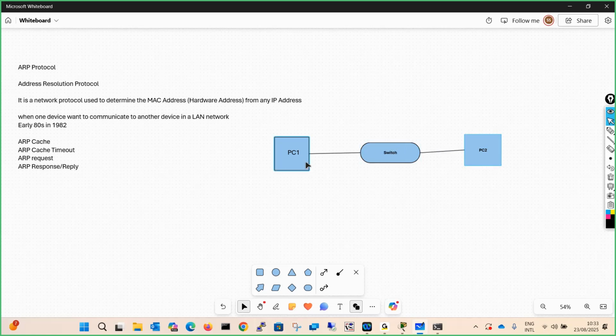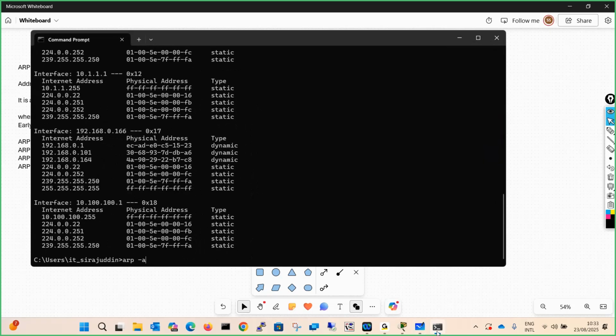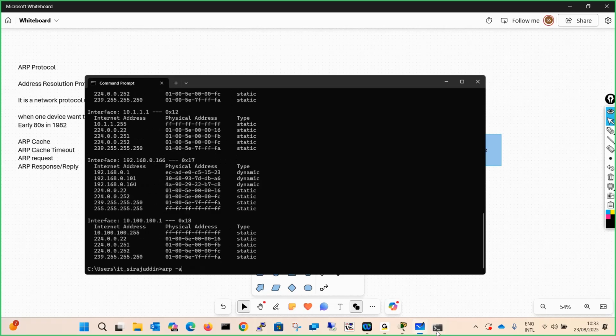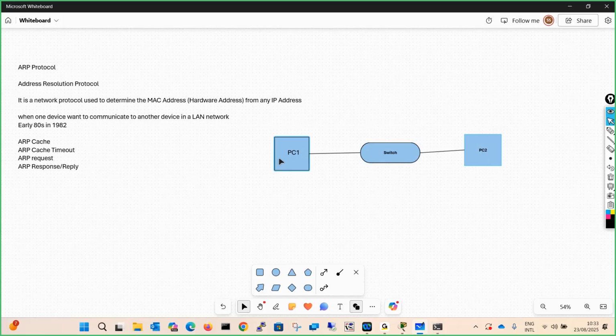When a sender wants to communicate with a receiver, the sender will first check its ARP cache. Where is the ARP cache? This is the ARP cache. It's local entries: where do I have the MAC address of the device to which I'm going to communicate?